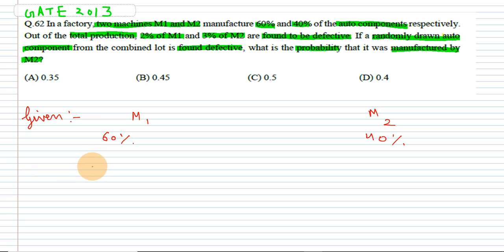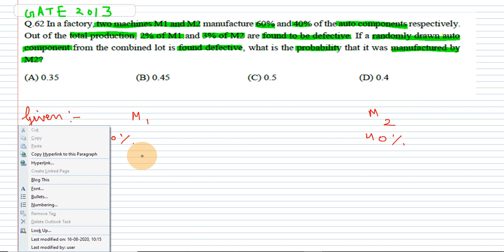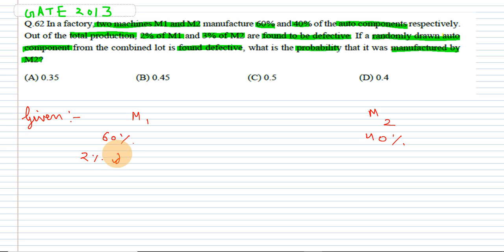They have also given that 2% of the production from machine M1 is defective, and 3% defective from machine M2.